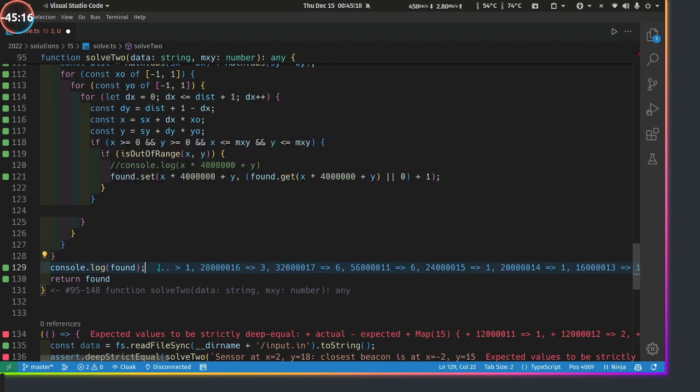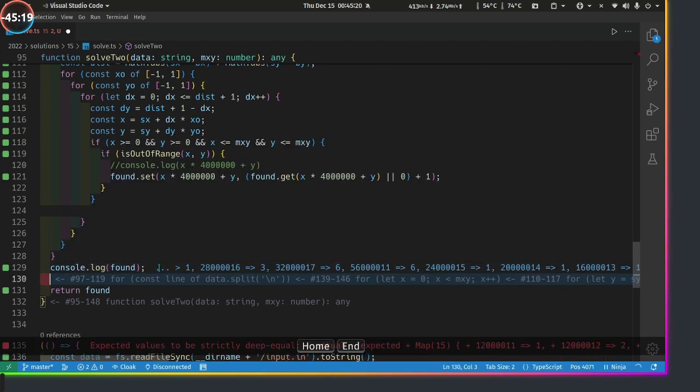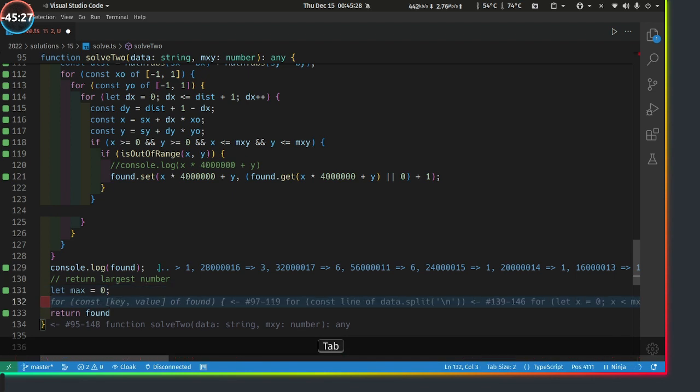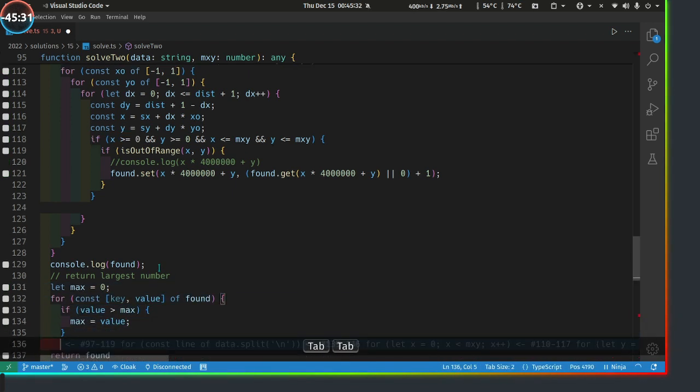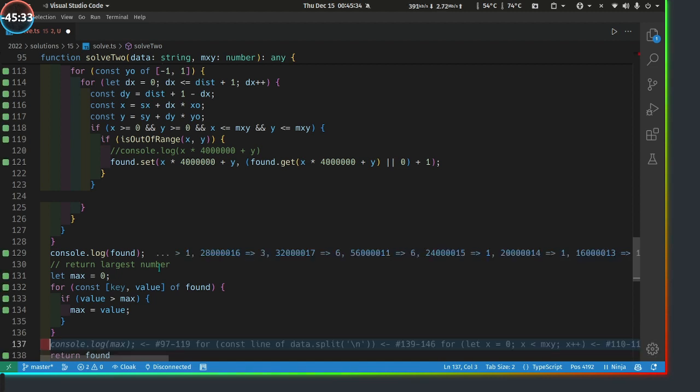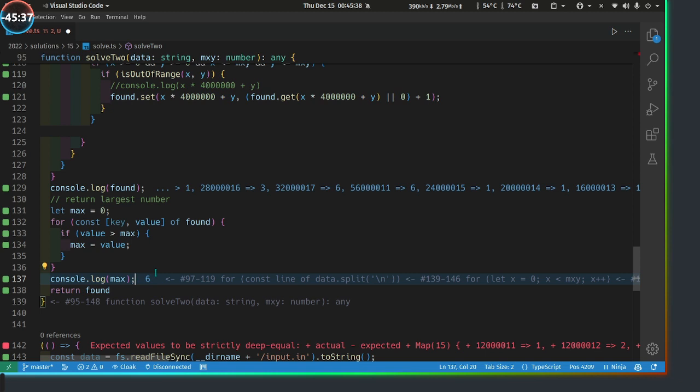Great, return the largest one. Largest number. Return largest number. Max is 6, but I want the key.